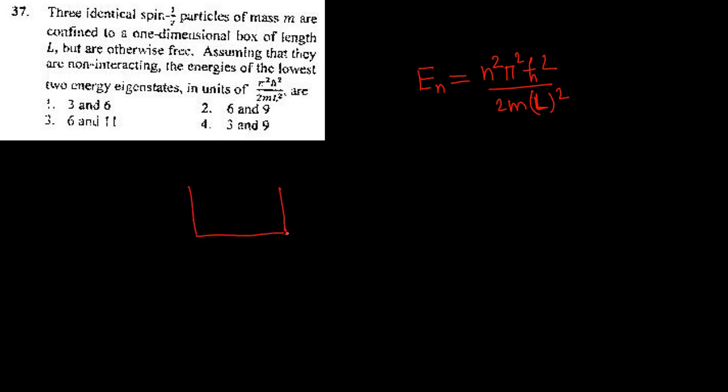This is the ground state. So for such a system, you will start from n is equal to 1, because at n is equal to 0, the energy will become 0, and that is not possible. So start from n is equal to 1, then n is equal to 2. But for the ground state, only 2 particles can lie in one energy state according to the Pauli exclusion principle.